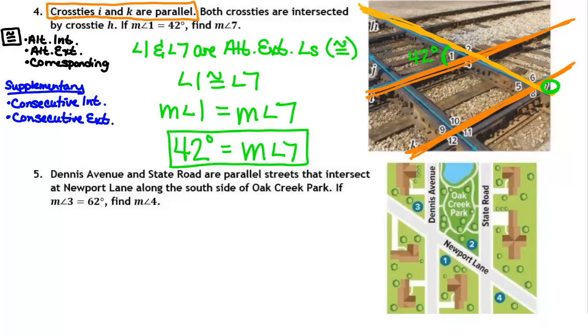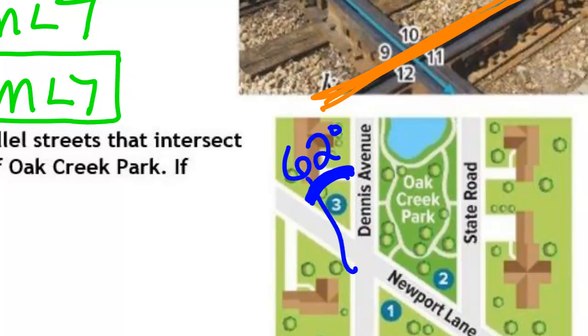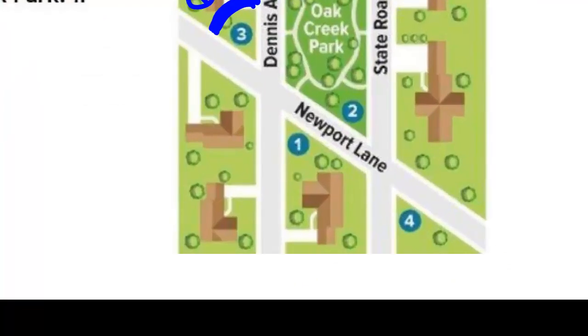If the measure of angle 3, here's angle 3, is 62 degrees, find the measure of angle 4. Let's find angle 4. Here's angle 4.